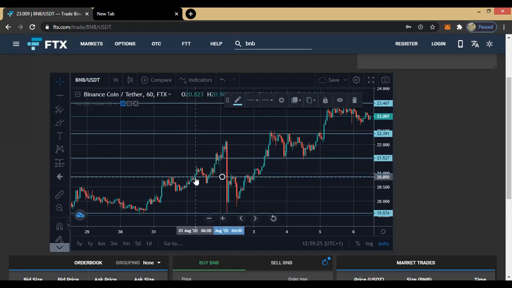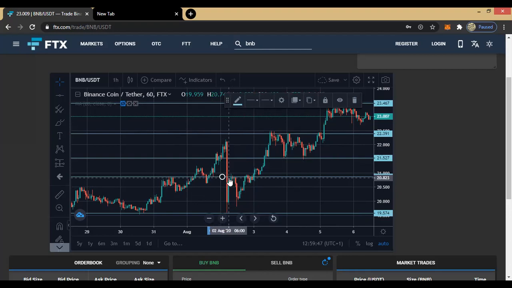So this is obvious to me. We have 1, 2, 3, up to 18. You can see we have 18 touches here.